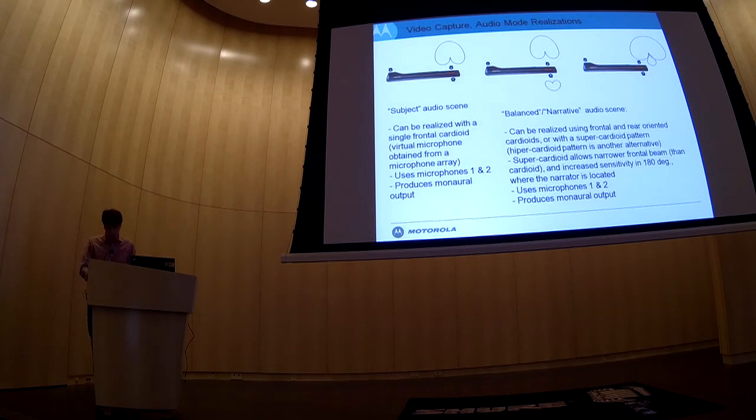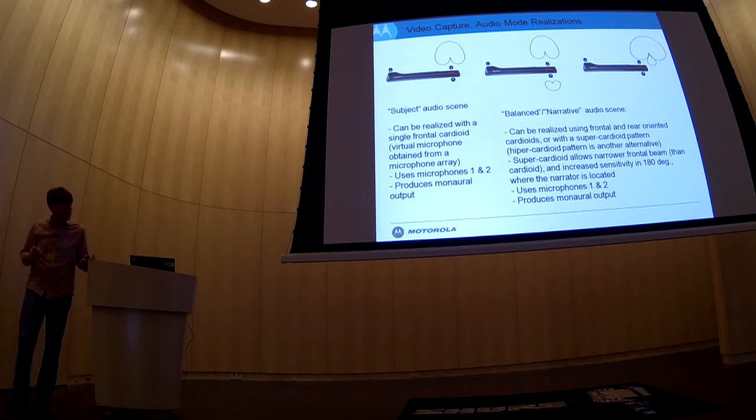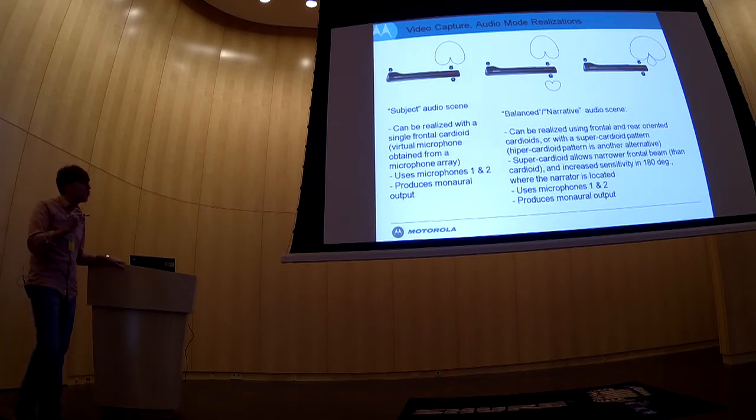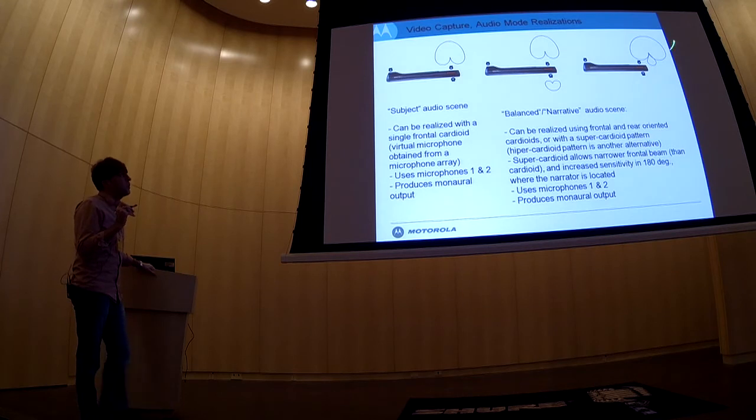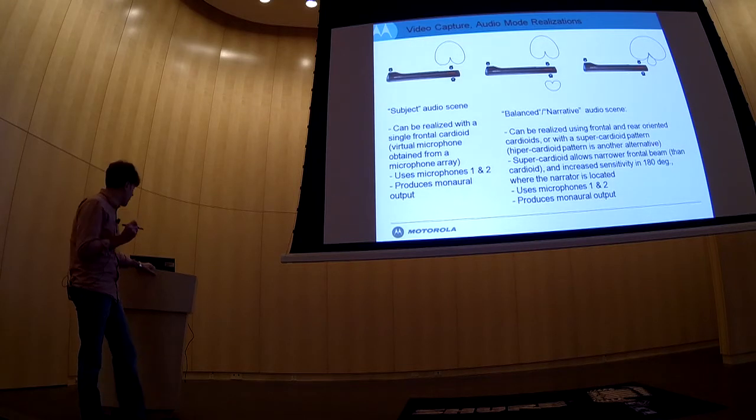Okay, so how do we realize some of these things? Well, subject mode could be realized by taking the two signals out of the bottom microphone pair and creating an array that steers a null in the direction of the display, and it steers a look along the direction, in the direction of the back of the phone, where the subject of the video would happen to be. The interview mode could be realized by some other Limacon pattern using, again, these two microphones.